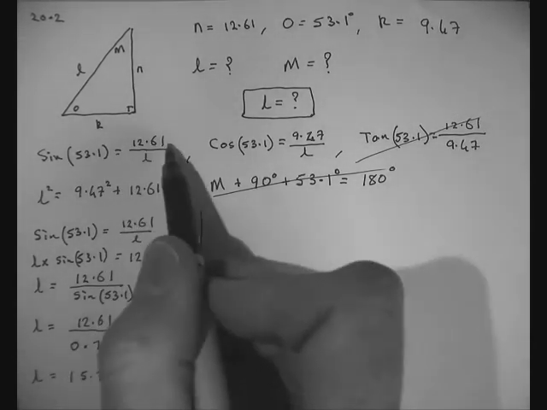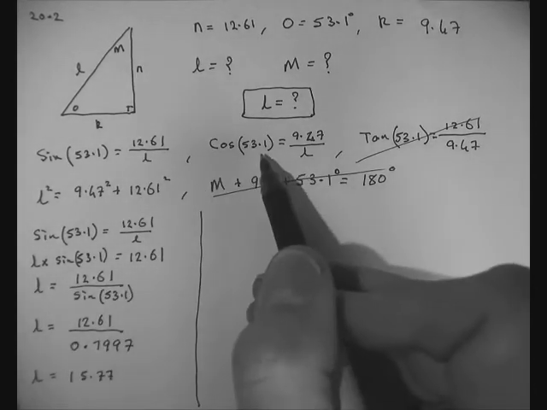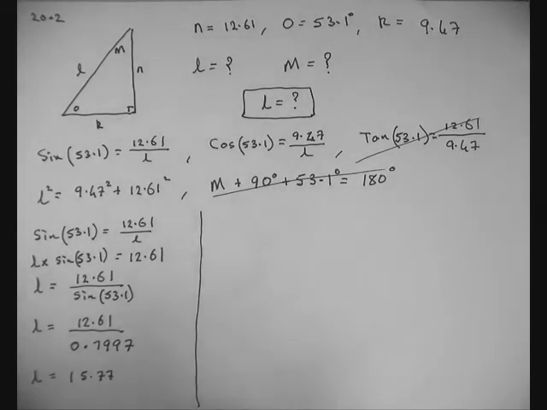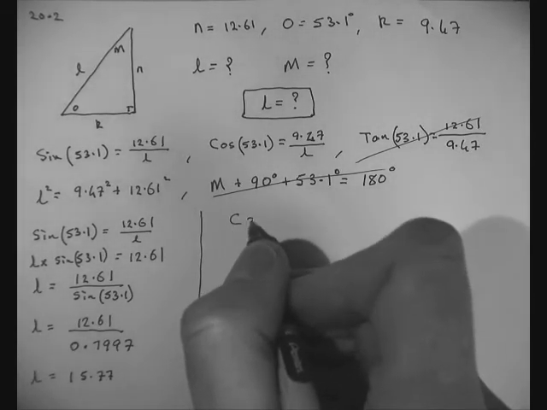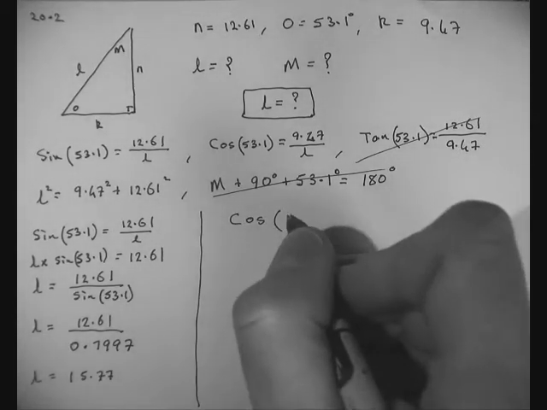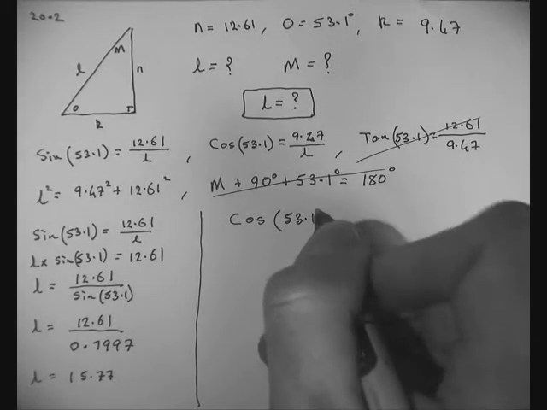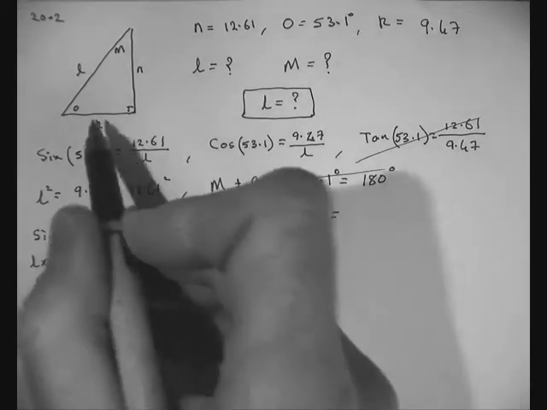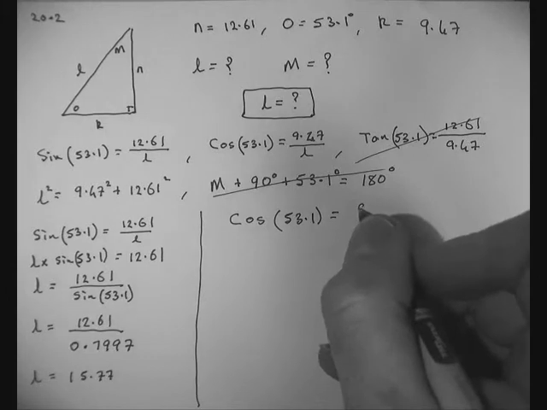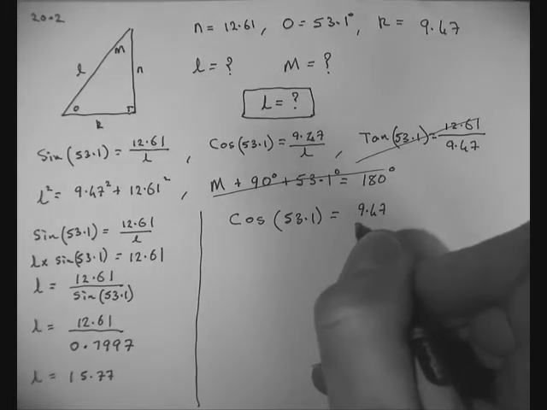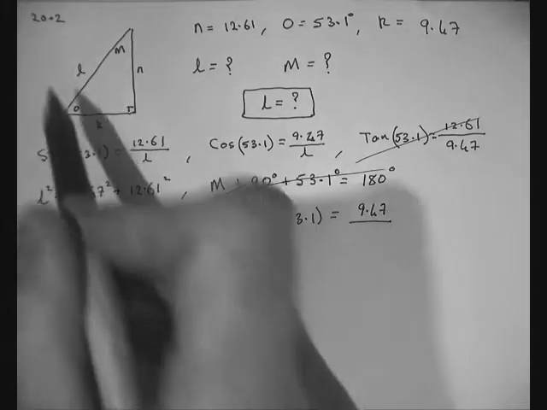Now, that's using the sine. We also know we can use the cosine. We can find it with the cosine as well. So we have the cosine of 53.1 equals the adjacent, which is 9.47, over the hypotenuse.